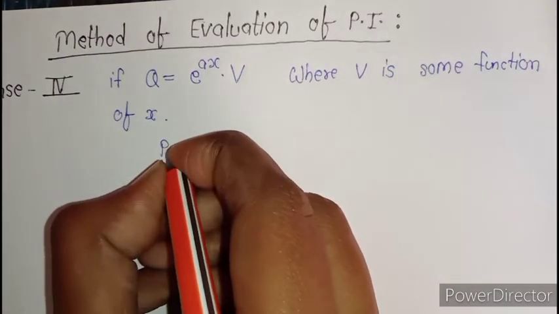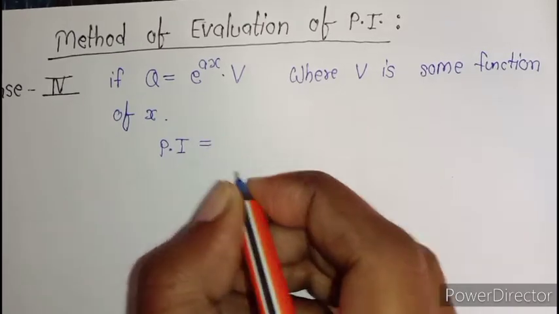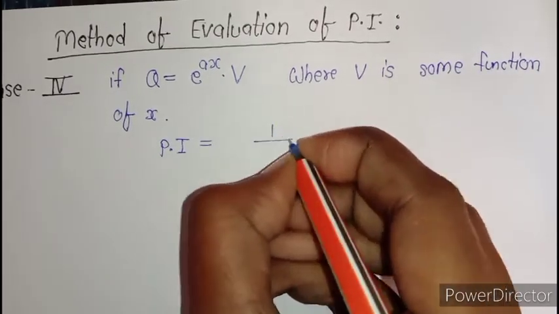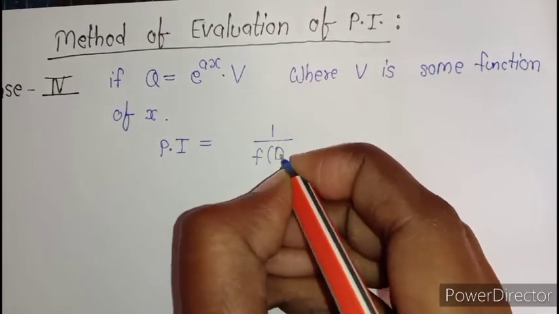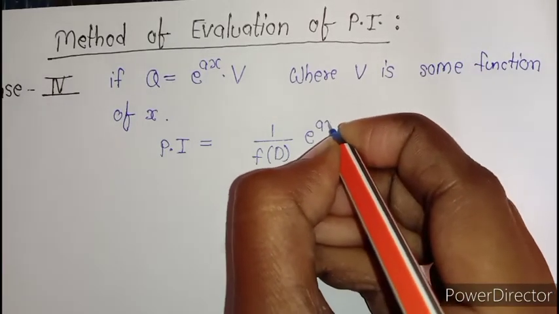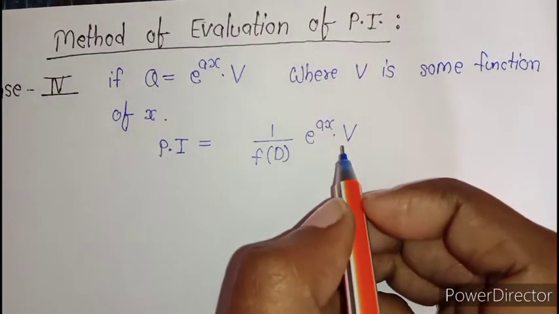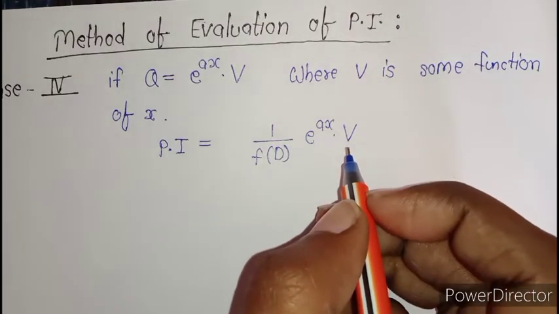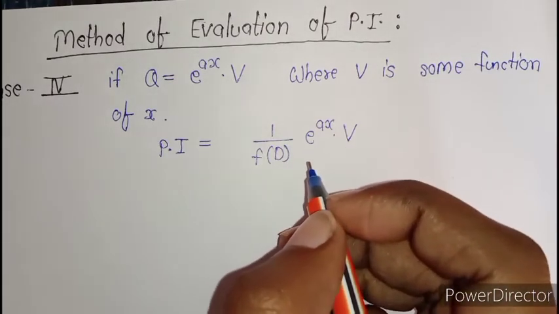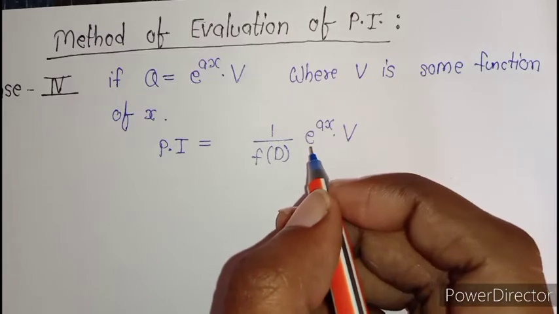In that case, PI is equal to 1 by f of D, e raised to power ax into v, where v is some function of x. This v may be exponential, trigonometrical or a polynomial. So it depends. But yes, this should be fixed always.